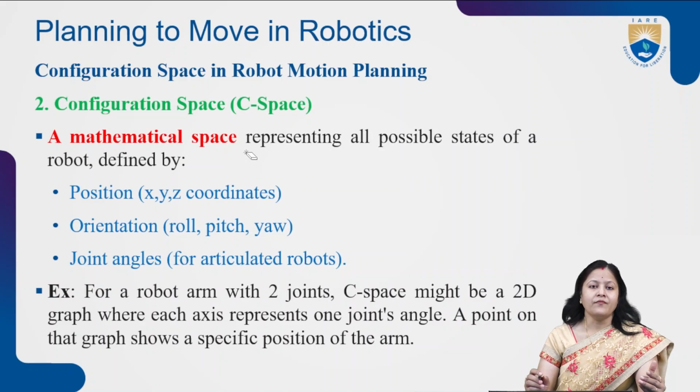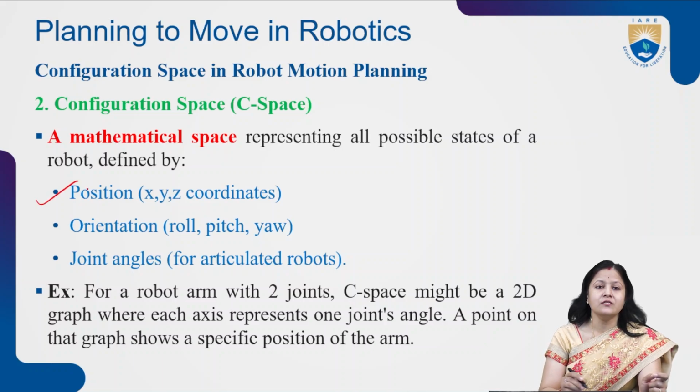Now the second step: after defining the problem clearly, we need to understand the configuration space. Configuration space is nothing but a mathematical space representing all the possible states of a robot. What are the states?